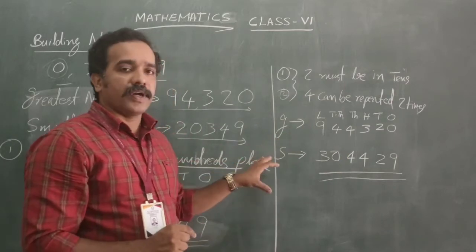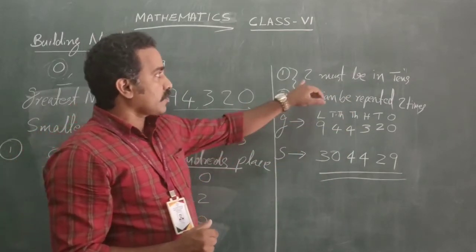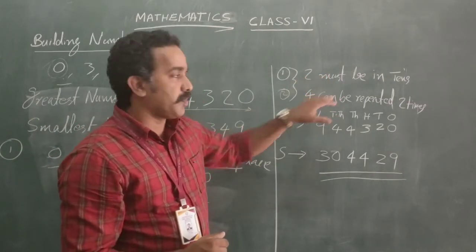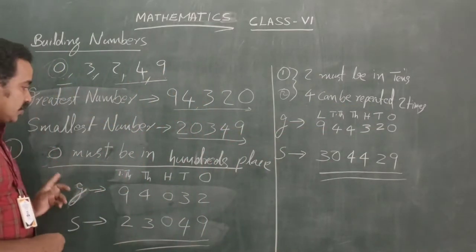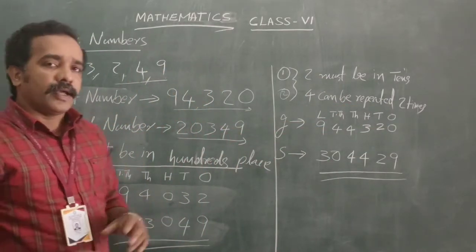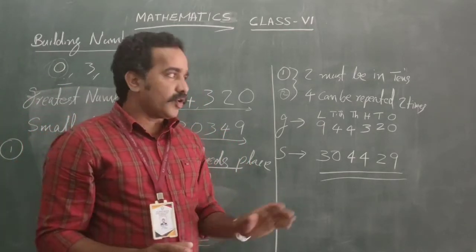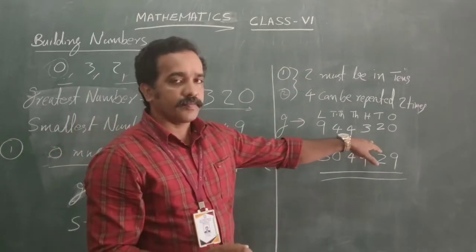And along with the given digits, some conditions are also given, for example, here 2 must be in tens place, 4 can be repeated 2 times. Here see another condition, 0 must be in hundreds place. Such types of conditions are also there. Then you have to place those conditioned digits first.